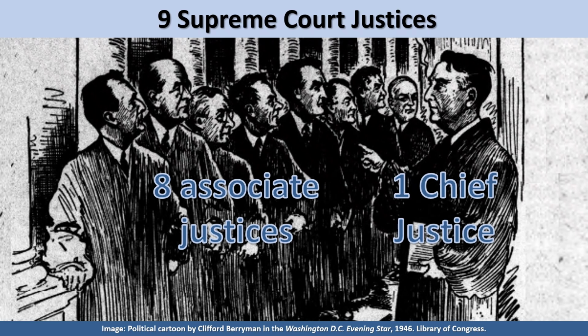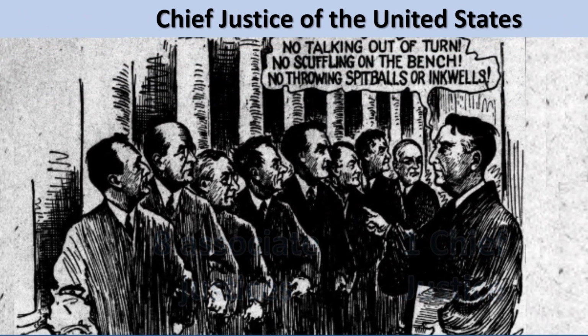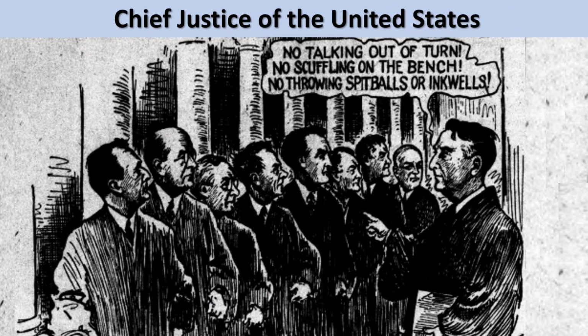The Chief Justice of the United States does not have more of a say than the other Supreme Court justices when resolving a dispute heard by the court. There are some special responsibilities and powers the Chief Justice has, however, that the other justices do not have.